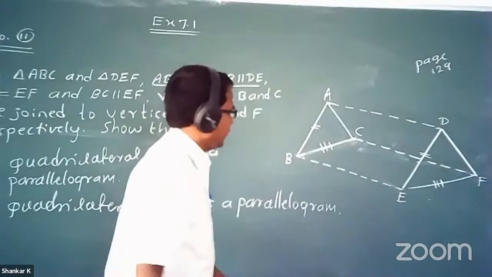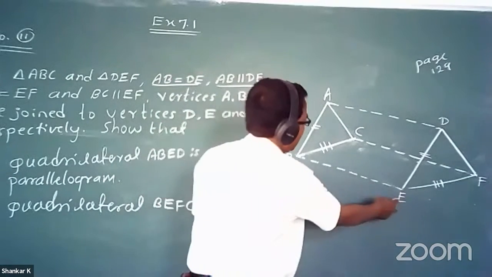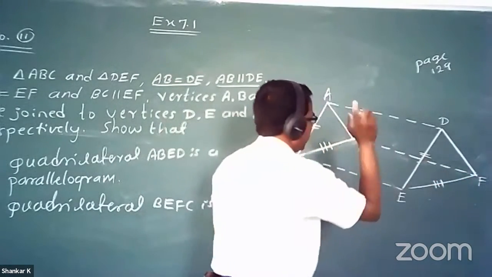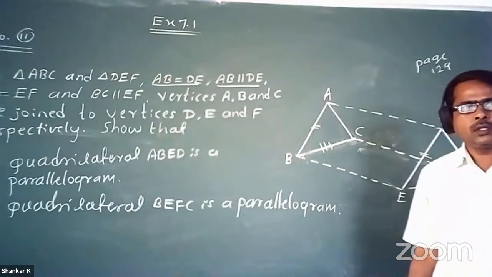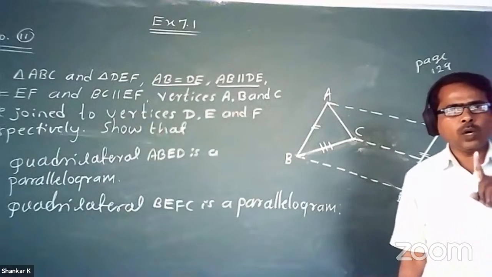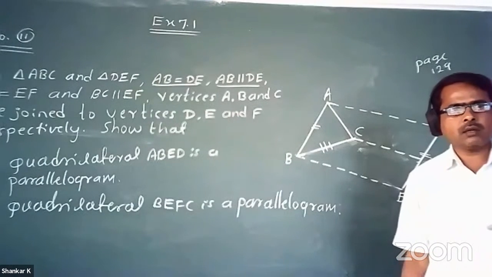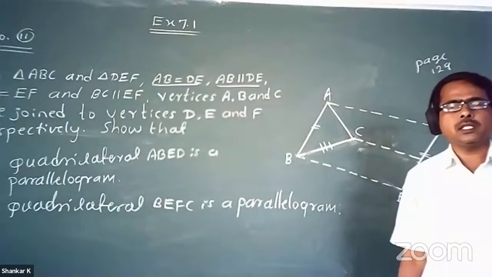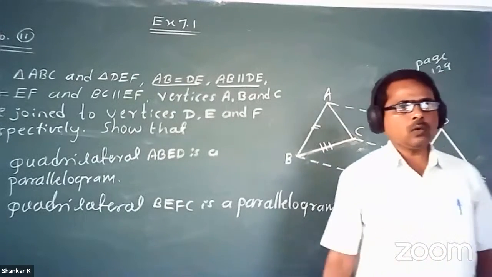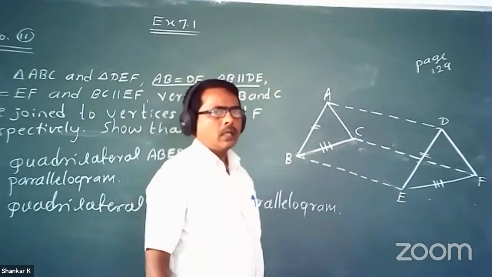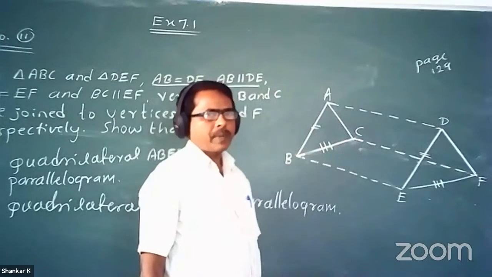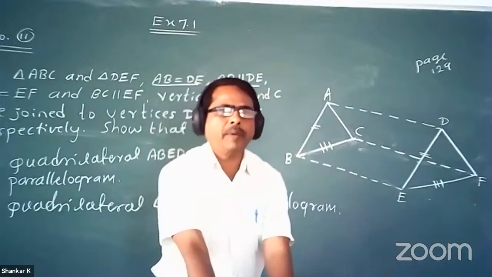What is BEFC? Here, BEFC is a parallelogram. Okay, I just told you, to show a parallelogram, if in a quadrilateral a pair of opposite sides are parallel and equal, then it is a parallelogram.